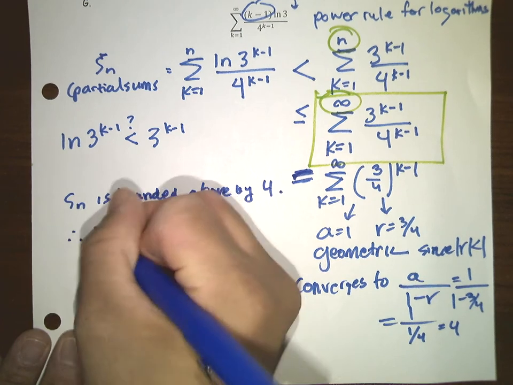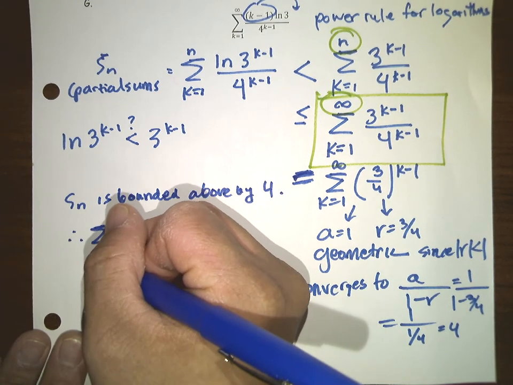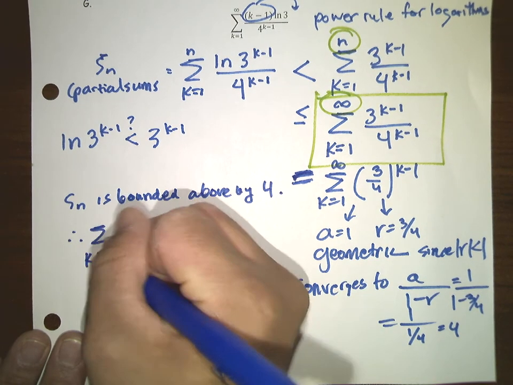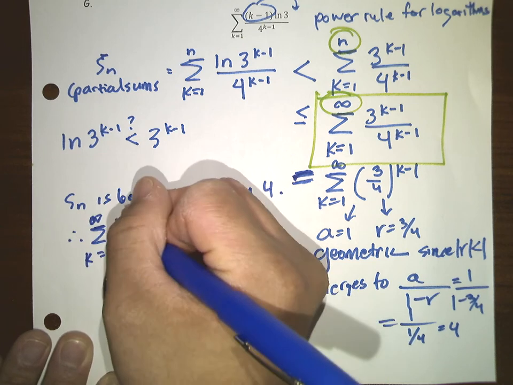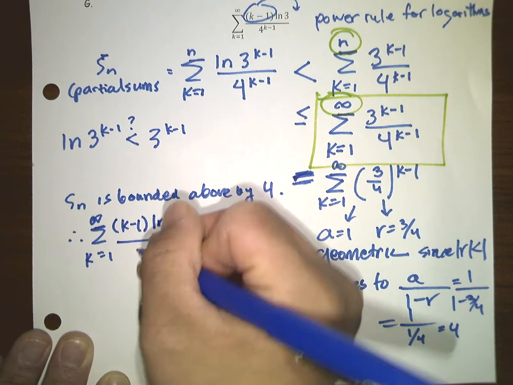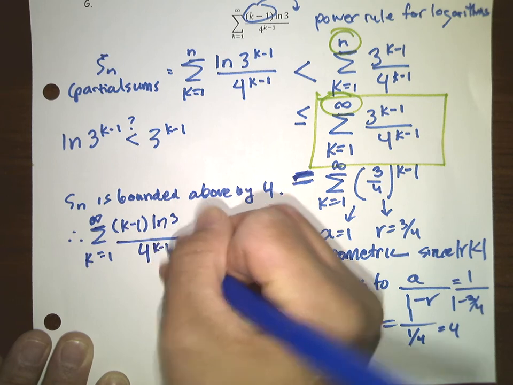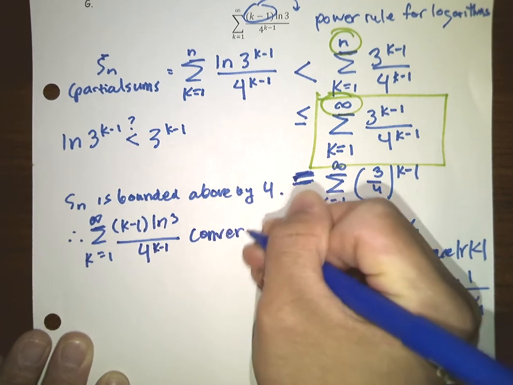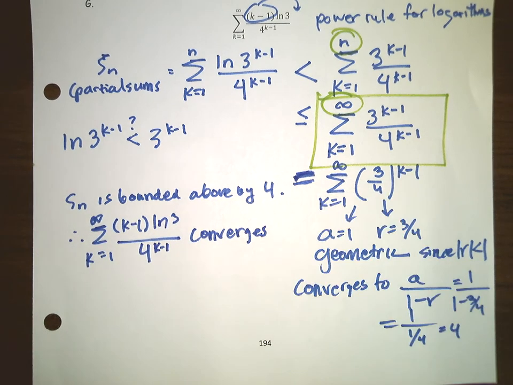So therefore, the series that we were originally dealing with, k equals 1 to infinity of k minus 1 natural log of 3 over 4 to the k minus 1 converges. But again, that doesn't mean that it necessarily converges to 4, but all we found out is that it does converge.